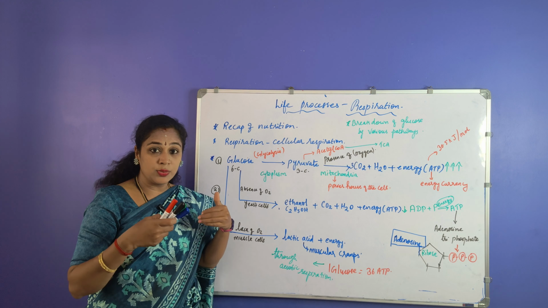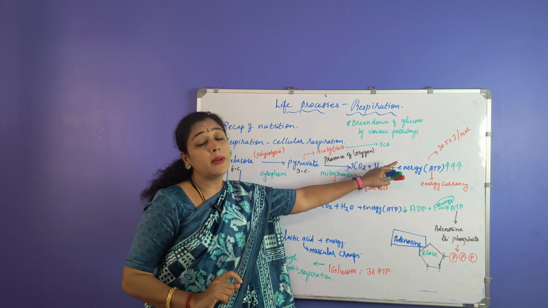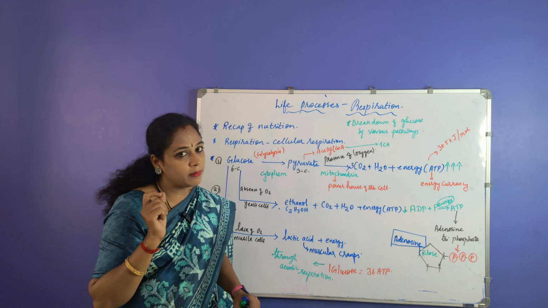Energy is represented in the form of ATP, that is adenosine triphosphate. ATP is called the energy currency of the cell, and the energy produced by ATP is equal to 30.5 kilojoules per mole. Keeping these concepts in mind, we are going to see what happens inside the cell.